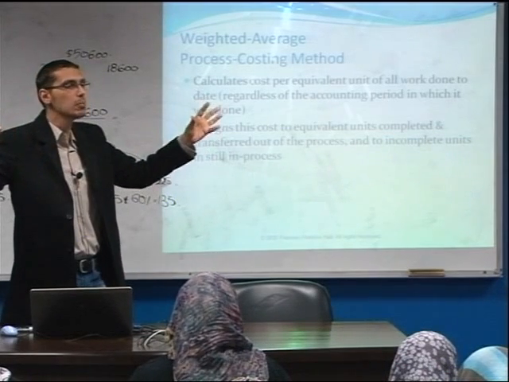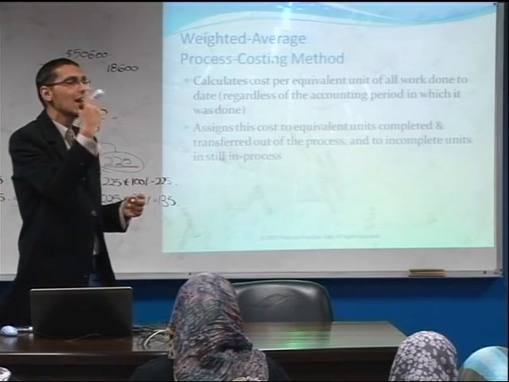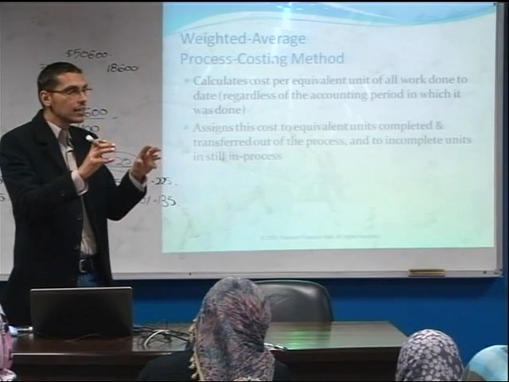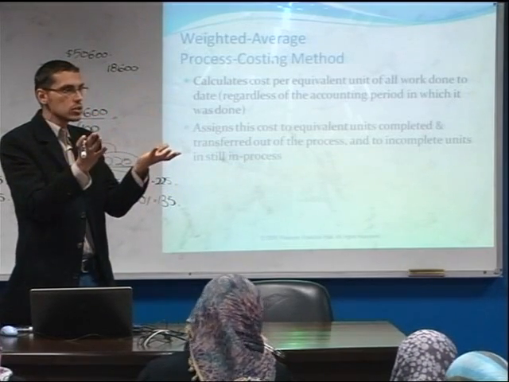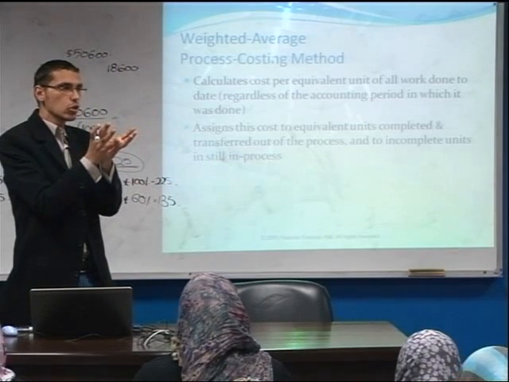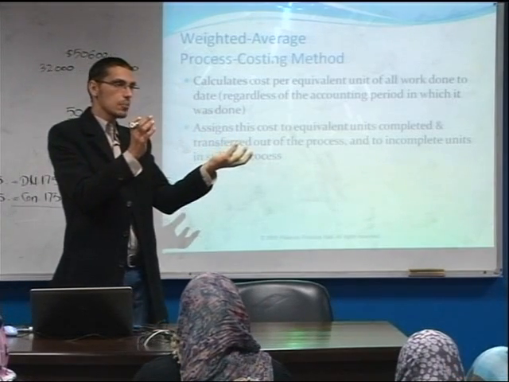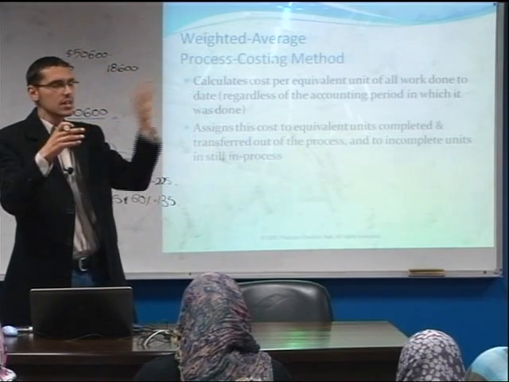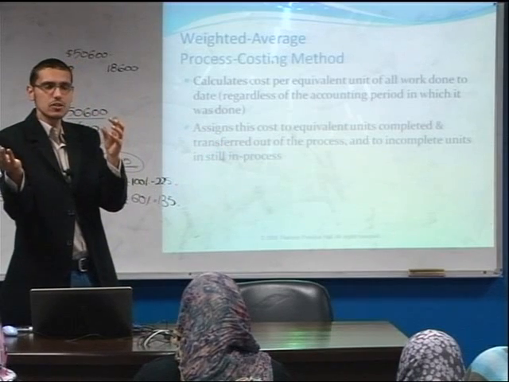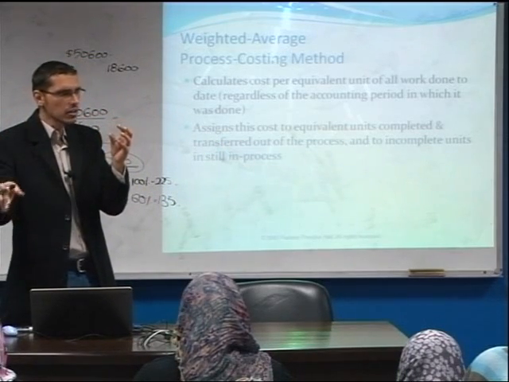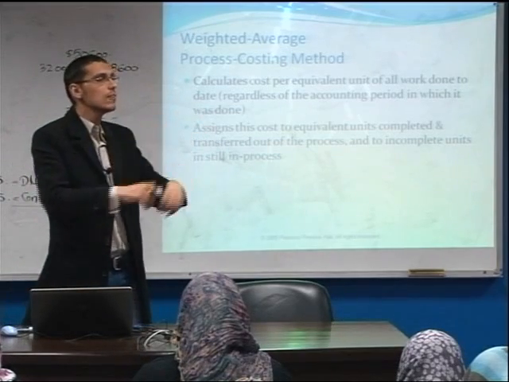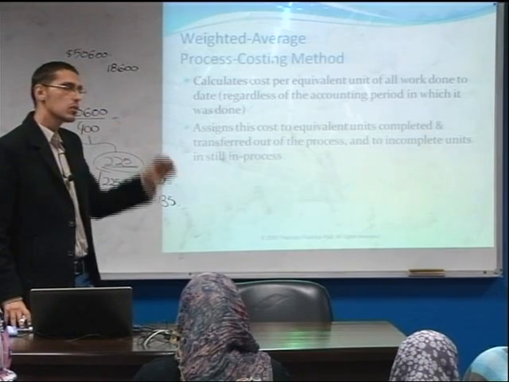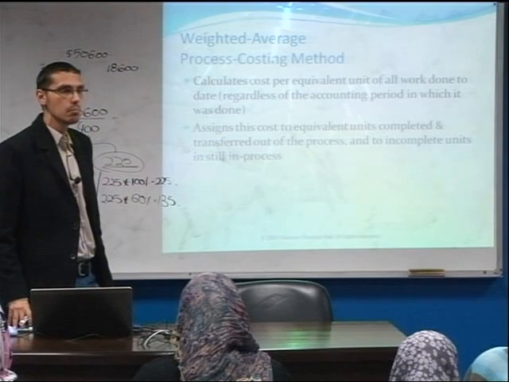That means we are going to blend all the costs within one account, one number. This total cost, part of which was incurred in the previous period and part in the current period, would be divided by the total equivalent units. This is the weighted average cost, or the weighted average valuation method.